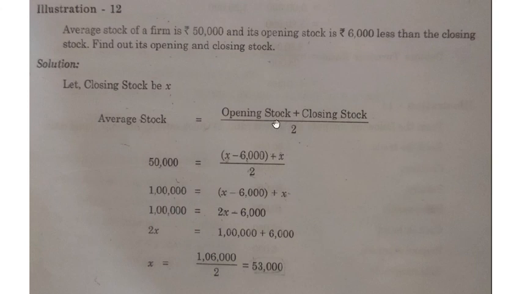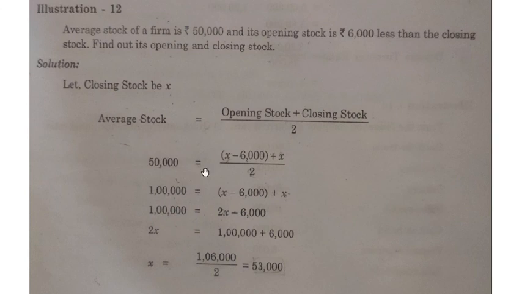Average stock is equal to opening stock plus closing stock divided by 2. So that is your formula, right? When closing stock is X, what will be your opening stock? X minus 6,000, because opening stock is 6,000 less than the closing stock.